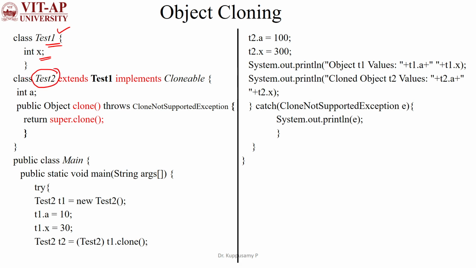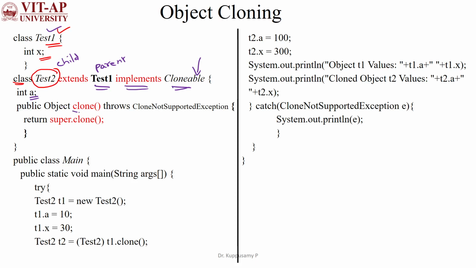Test2 is the class I am creating, which is extending the class Test1. So this is the inheritance concept: this is the parent class, and this is the child class. Then it is implementing the interface Cloneable, a built-in interface available in the Object class. Then we are creating one variable with integer data type.